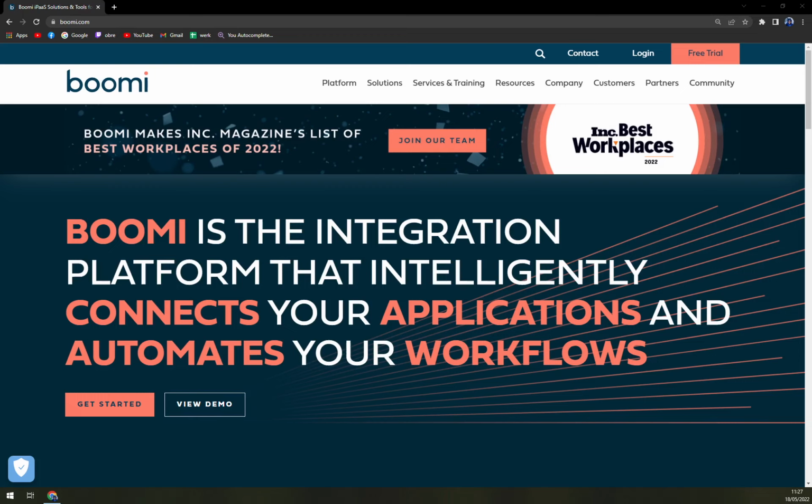So let's start. Boomi is a multi-tenant platform which houses API management, master data management, and also Atomsphere for application integration that can simplify your API management throughout the entire API lifecycle.